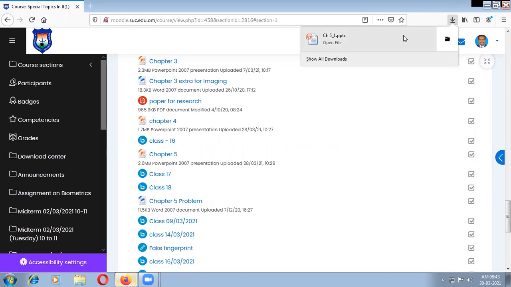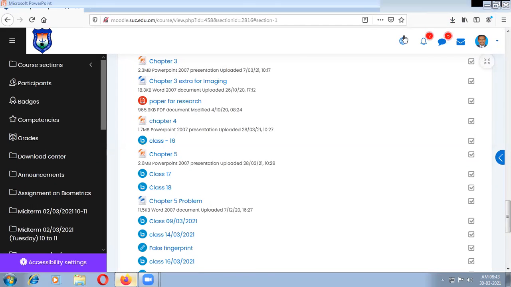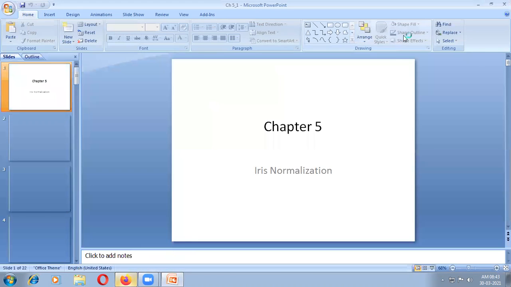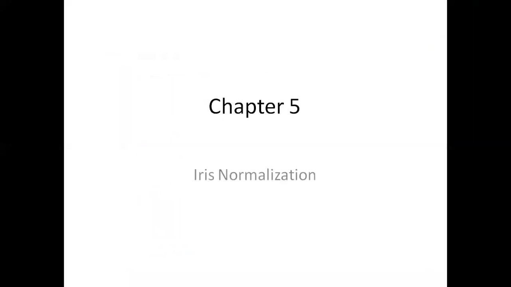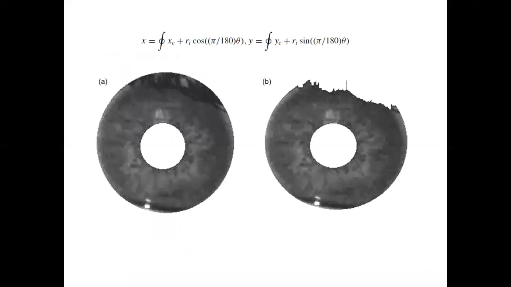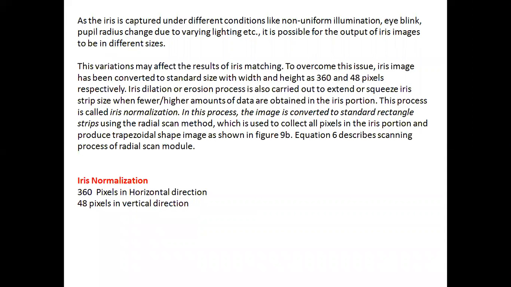Last class I already explained to you why we need iris normalization. Due to illumination conditions, lighting variations and other factors, the factors are non-uniform illumination, eye blink, pupil radius changes due to lighting variation conditions.